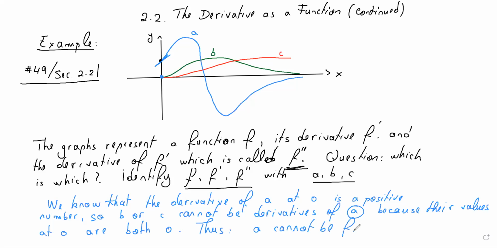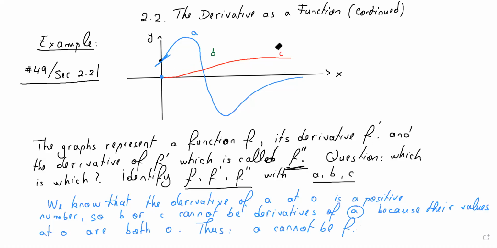So what should A be then? Well, A would be f prime or f prime prime. Now let's see, can B be my function f? It's possible. Let's see what happens with B. When I drew, oops, sorry about that, B disappeared from the picture.